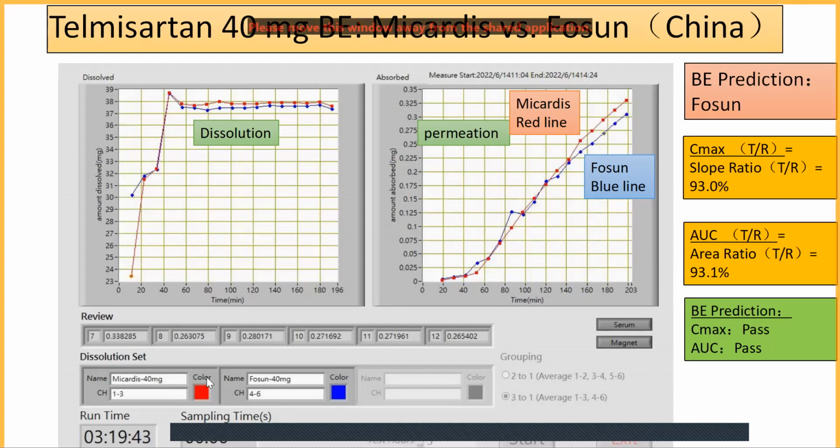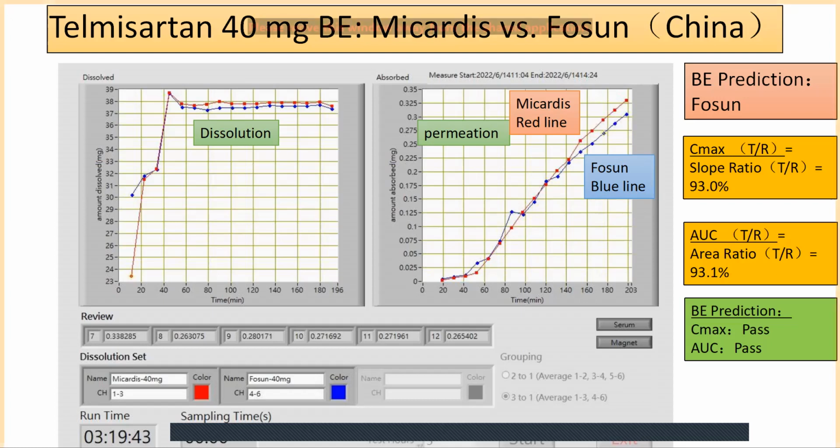The red line represents Micardis 40 milligram, and the blue line represents the generic drug Fosun 40 milligram. Dissolution wise, as you can see, they are pretty close to each other.